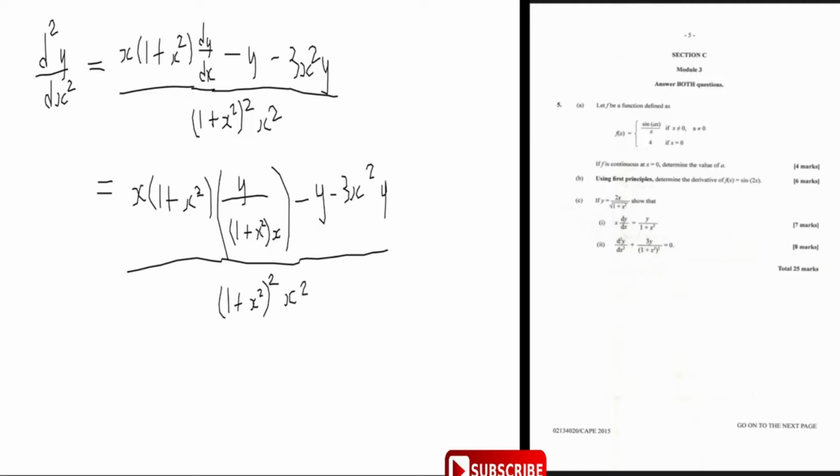Now this 1 plus x squared cancels the 1 plus x squared, and this x cancels the x here. Nice.